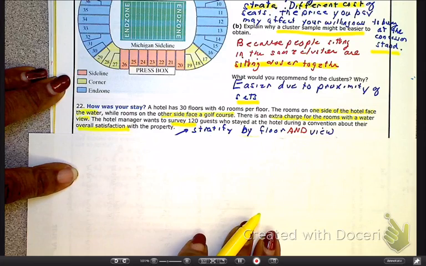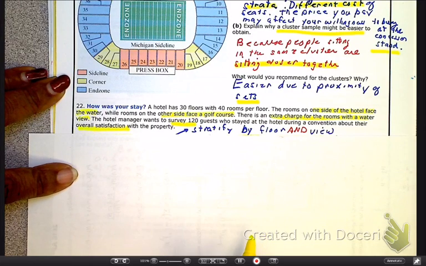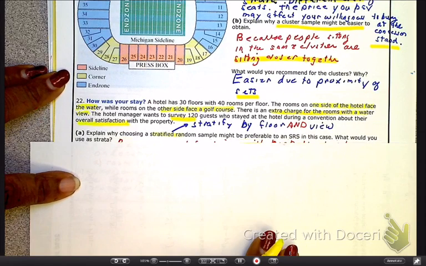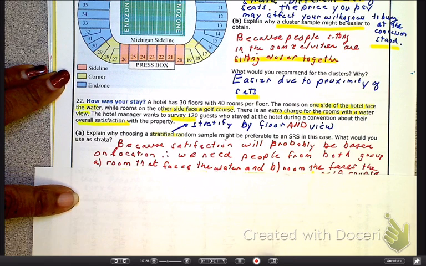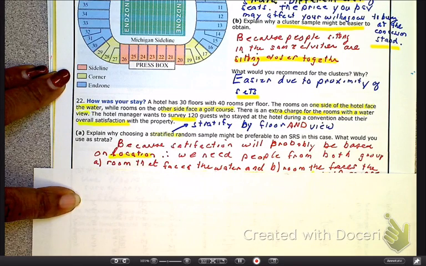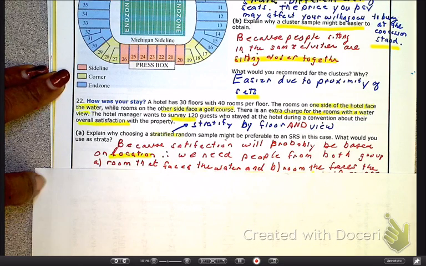Yeah, I don't like golf that much. I would love to face the water. So the reason that I would choose a strata here, because the customer satisfaction is going to be based on the location. I'm going to be a heck of a lot happier if I'm looking at the nice calm water versus the golf course that I really could care less about.